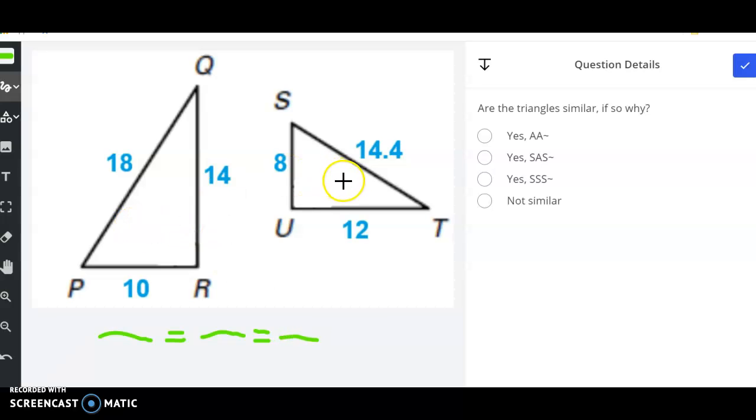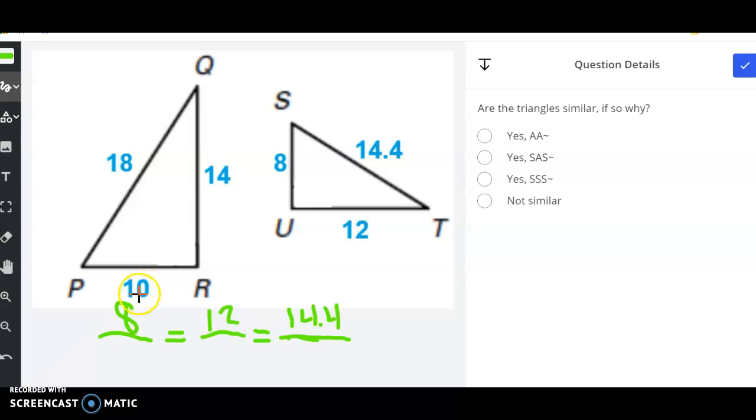Remember that you're picking one of the triangles, either the left one or the right one, and you're putting the numbers in order from small, medium to large. So when you pick the triangle on the right here, the smaller one, it would go 8, 12, and then 14.4. That just helps us avoid matching up the numbers incorrectly if we just go small, medium, large.